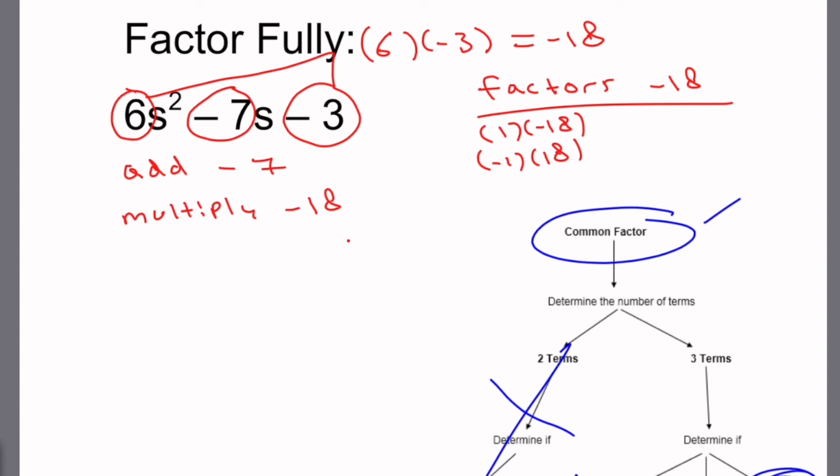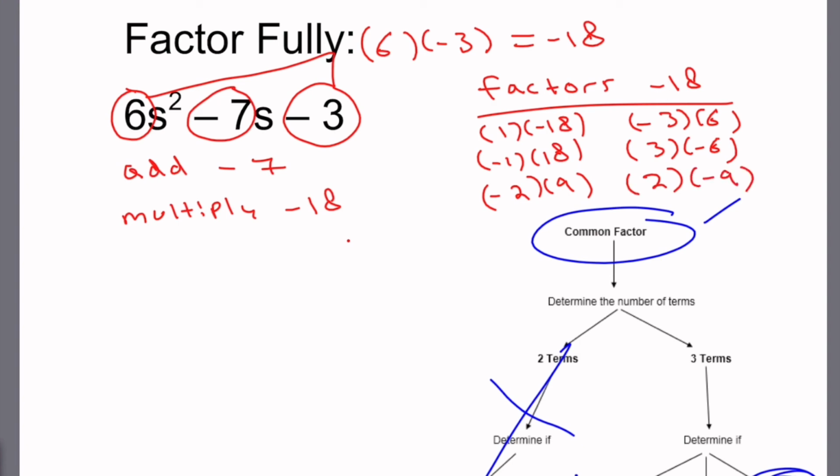We can do -2 and 9. That adds to +7. We can do -3 and 6. Doesn't work. We can do 3 and -6. Also doesn't work. Or we can do 2 and -9, and that will add to the -7 we wanted. So that's going to be our pair of numbers there.